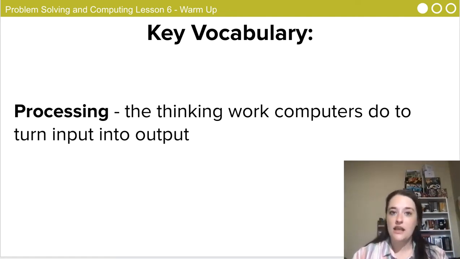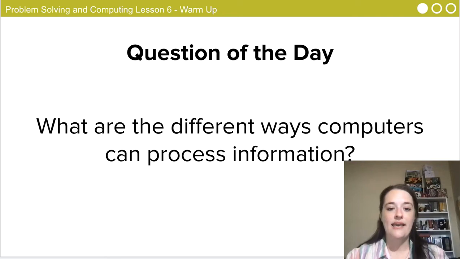These types of thinking work computers do are called processing. And we're going to look at some different types of processing today. So our key vocabulary for today, processing: the thinking work computers do to turn input into output. And our question for today is, what are the different ways computers can process information?